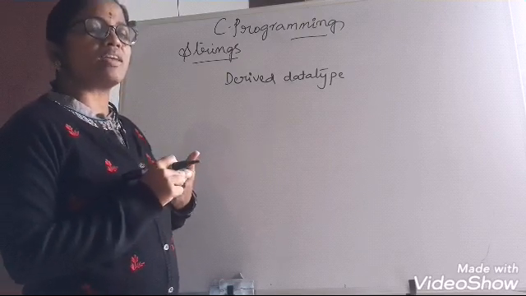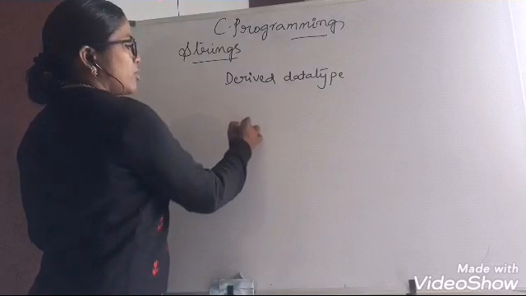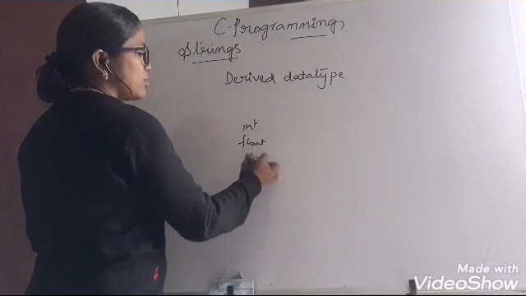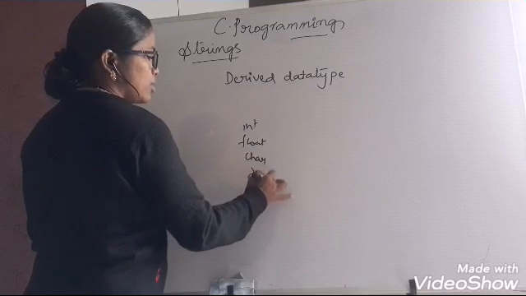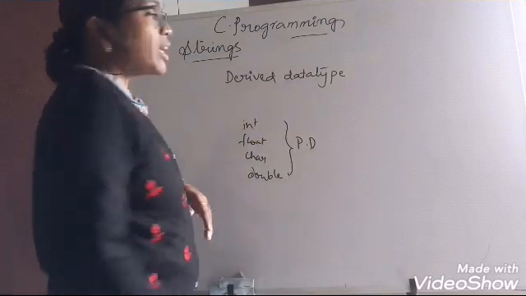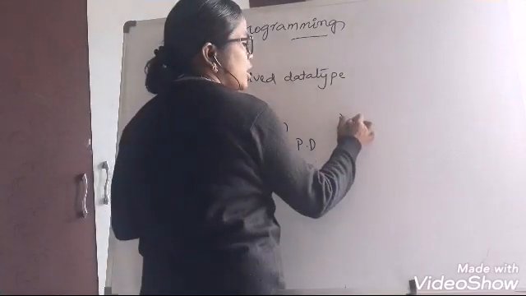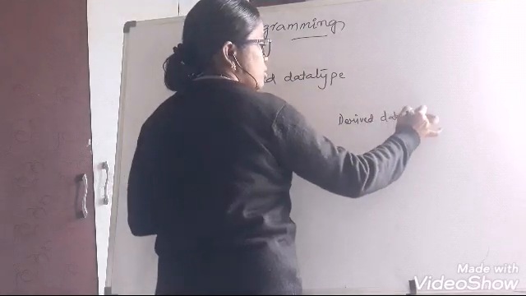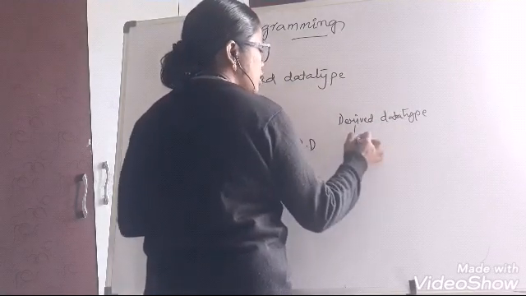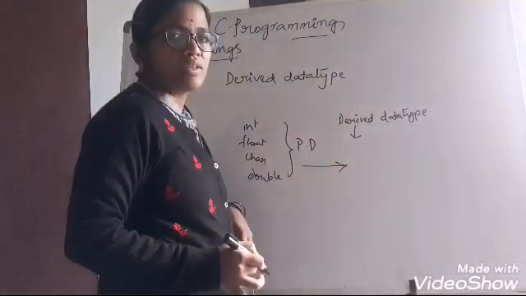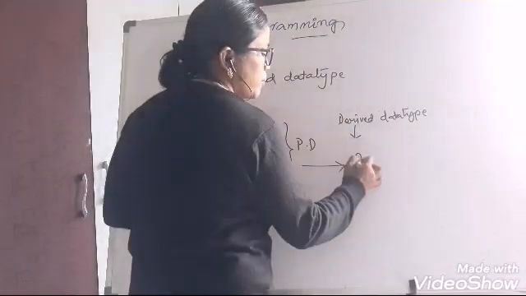Primary data types are nothing but int, float, char, double. These four are primary data types. Whereas we are talking about derived data types. So these are nothing but derived from primary data types.